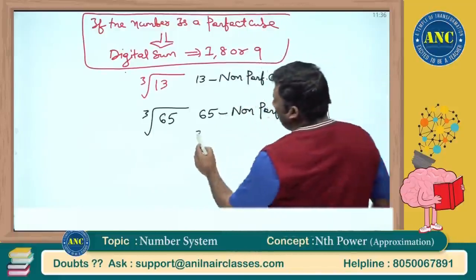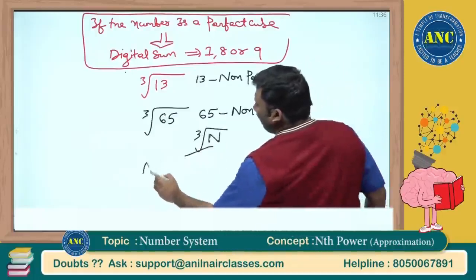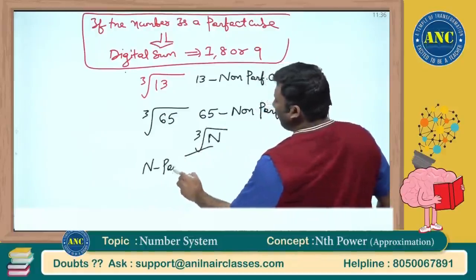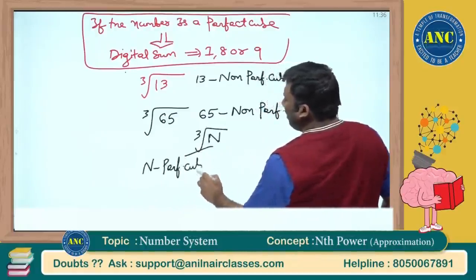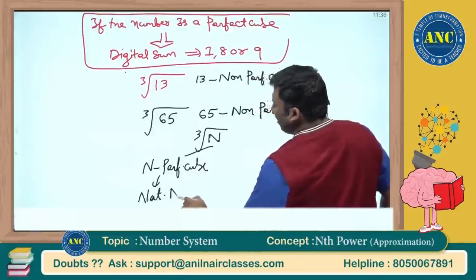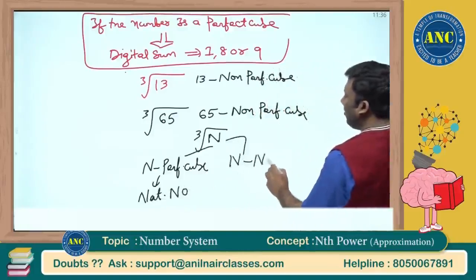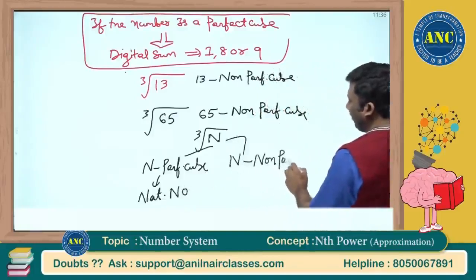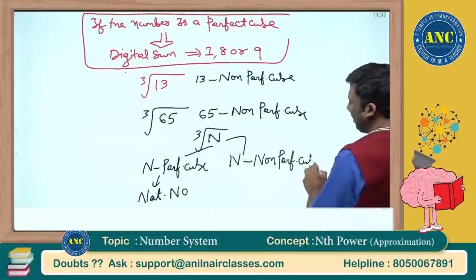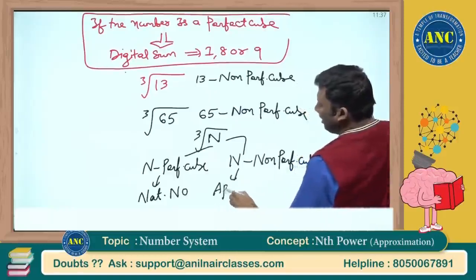So, first write down cube root of n. If n is a perfect cube, the output will be a natural number. If n is a non-perfect cube, this value will be an approximated decimal.